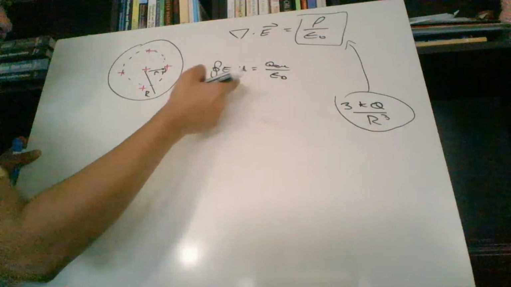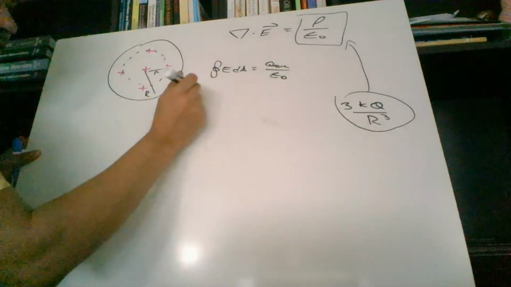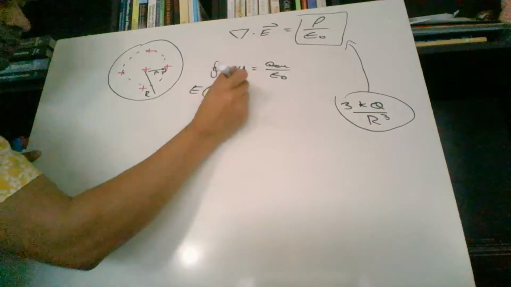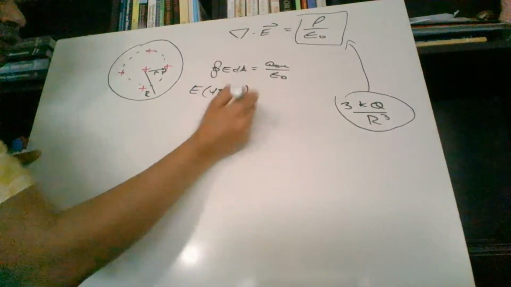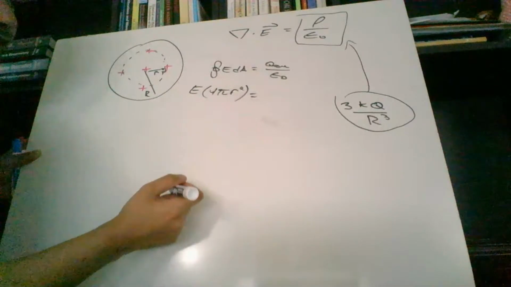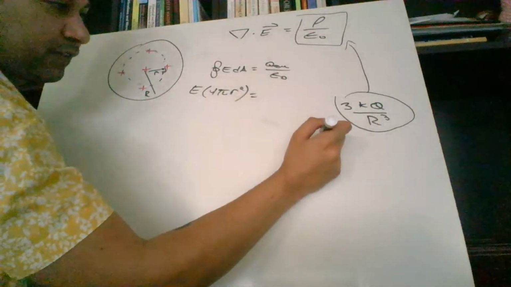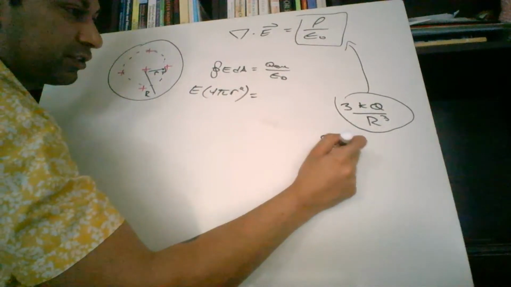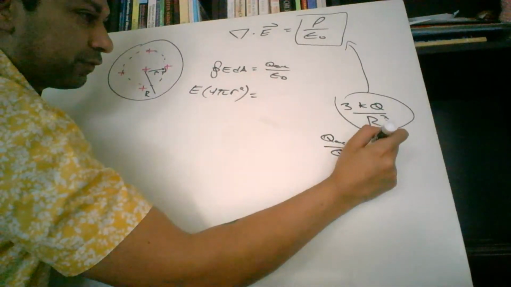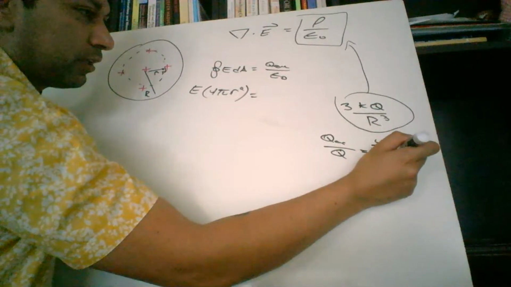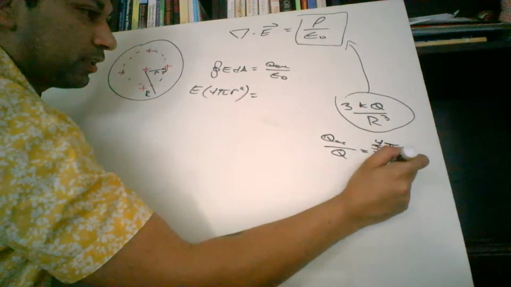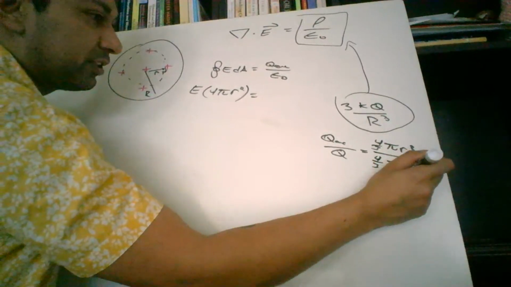And so I'll save you the trouble and just work it out. We get 4 pi R squared on this side, and over on this side, it's going to be Q enclosed. How do you find Q enclosed? Q enclosed over the total Q is equal to 4/3 pi little r cubed divided by 4/3 pi big R cubed.